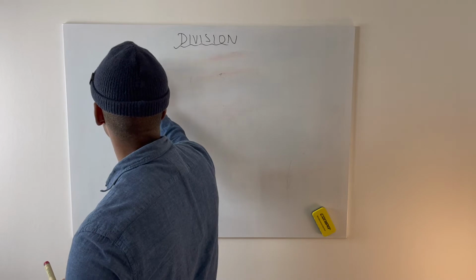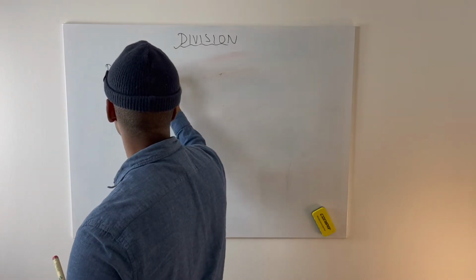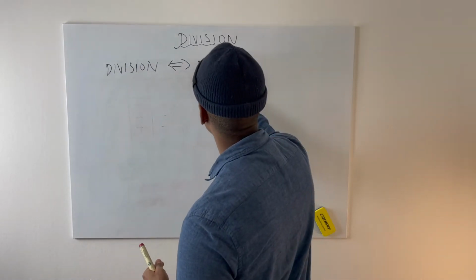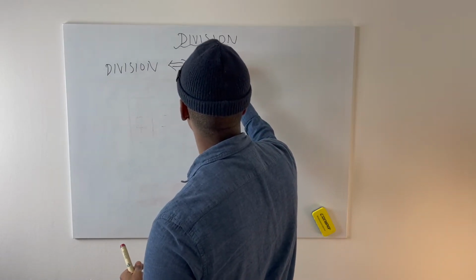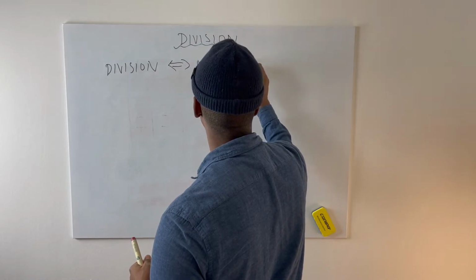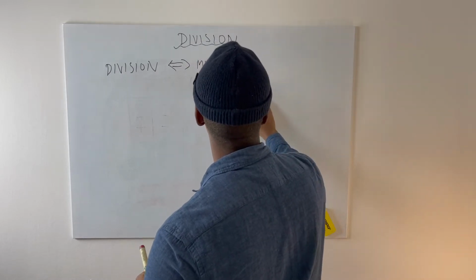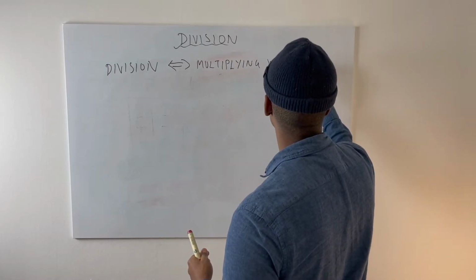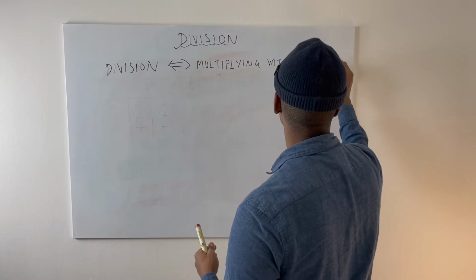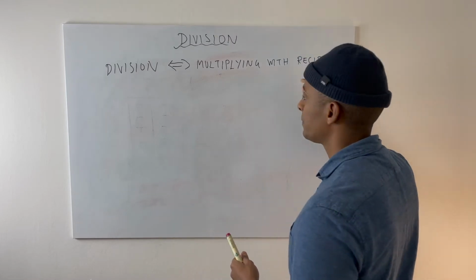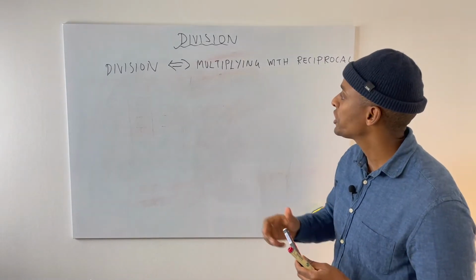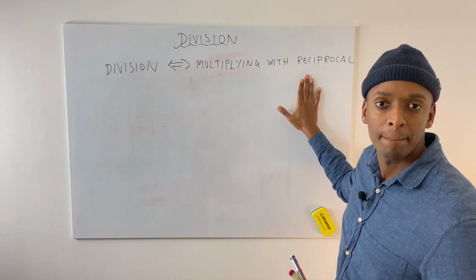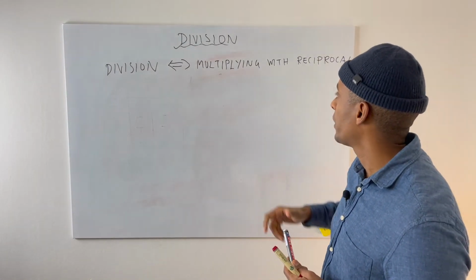Division is the same thing as multiplying with the reciprocal. That's the trick. That's how we deal with rational numbers.